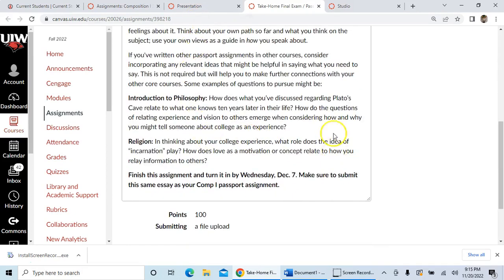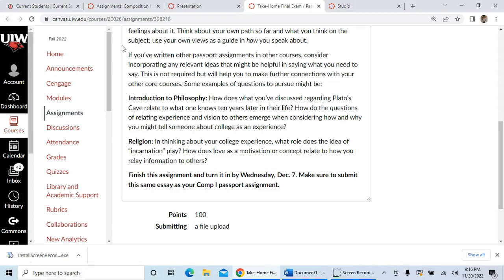I didn't write this, by the way. If you've written other Passport assignments in your courses, consider incorporating any relevant ideas that might be helpful in saying what you need to say. This is not required, but will help you to make further connections with your other core courses.